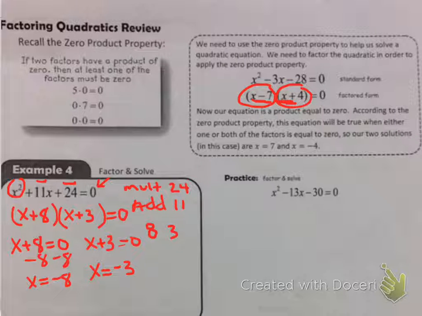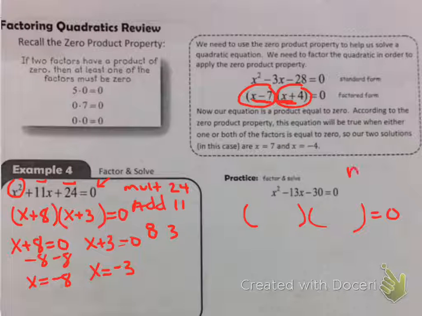This is another factoring problem. Okay, so what we're looking for on this problem is two numbers that are going to multiply to negative 30 and add to be negative 13.